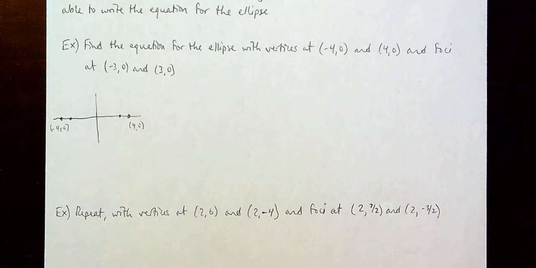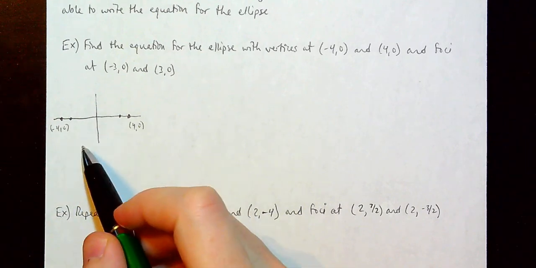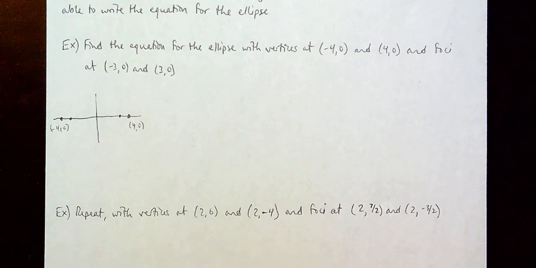The other thing we can easily find out here is the center. The center is simply the midpoint of our two vertices. Well, if we look at the midpoint between (-4, 0) and (4, 0), it's a really quick calculation going all the way back to the beginning of this course.